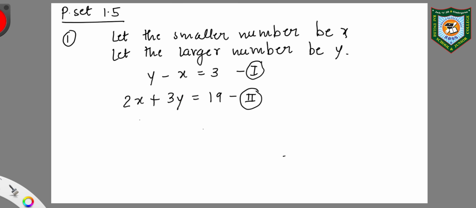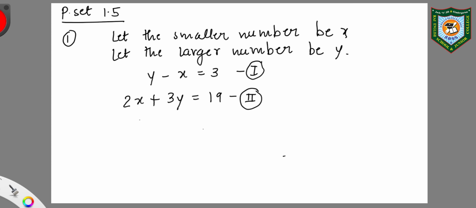This sum is equal to 19. So my equation number 1 is y minus x equals 3, and equation number 2 is 2x plus 3y equals 19. Now, once I get this, you can all try and solve this pair of equations by whichever method you want to. Make sure you try out the method you find the most difficult.